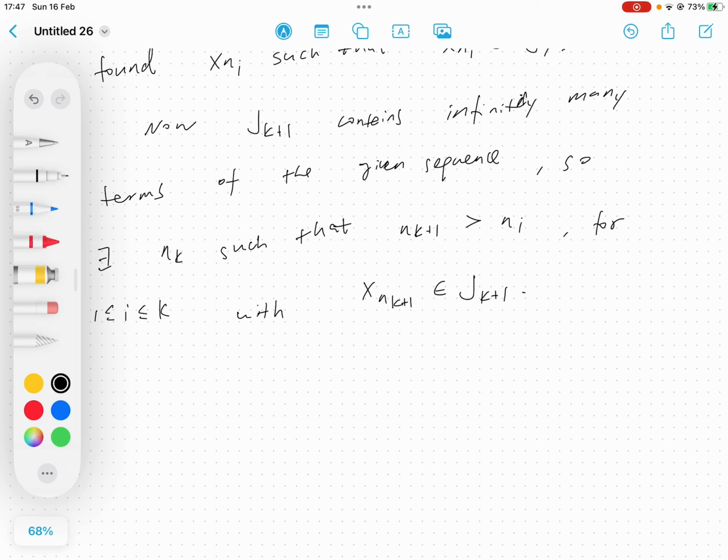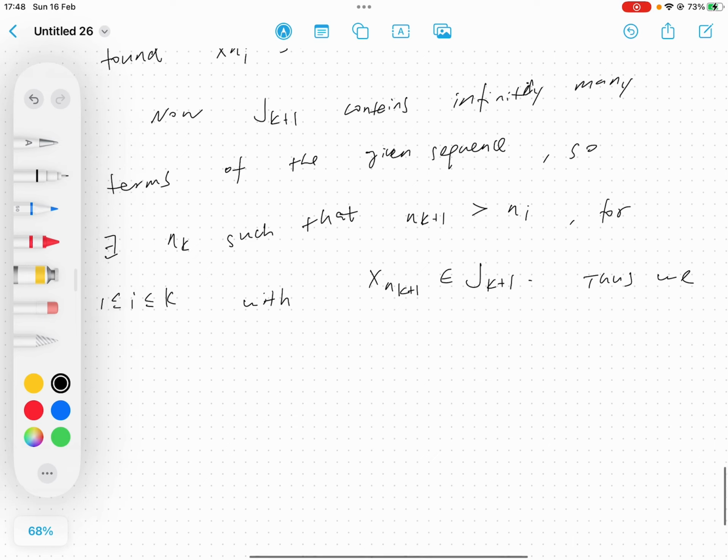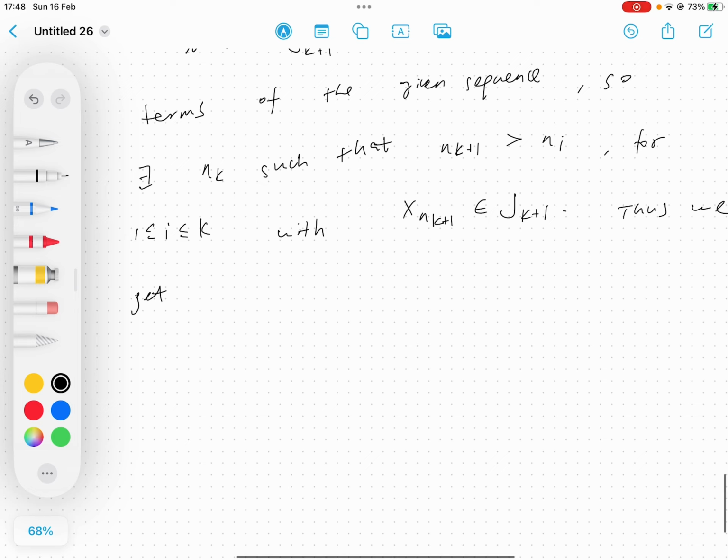Okay, so basically that's still the thing that we have discussed, right? After we split that, we select the one that contains infinitely many of those terms. And we keep doing this, and thus we get a subsequence x_{nk}, right?